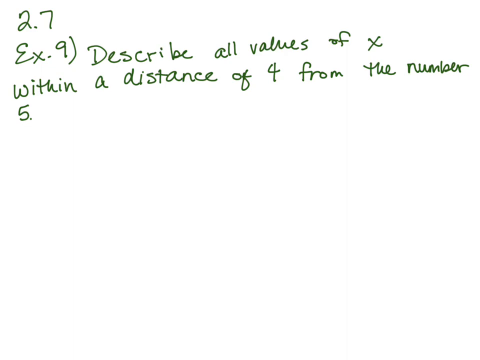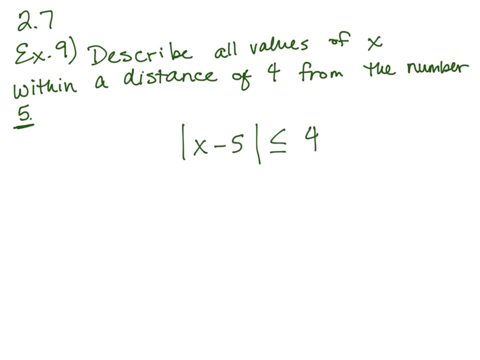I just need to be able to say that the absolute value is less than or equal to 4. Would you agree with that? So the absolute value of some number needs to be less than or equal to 4, and I'm trying to be a number around 5. So this is how we write that.